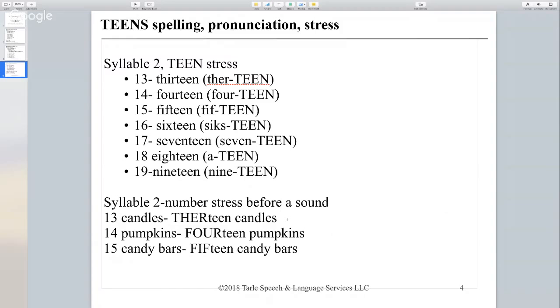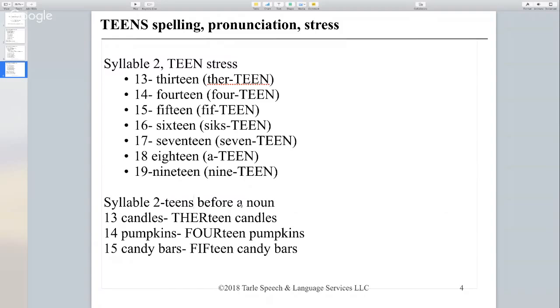We're going to stress syllable 2 on the teens when it comes before a noun.